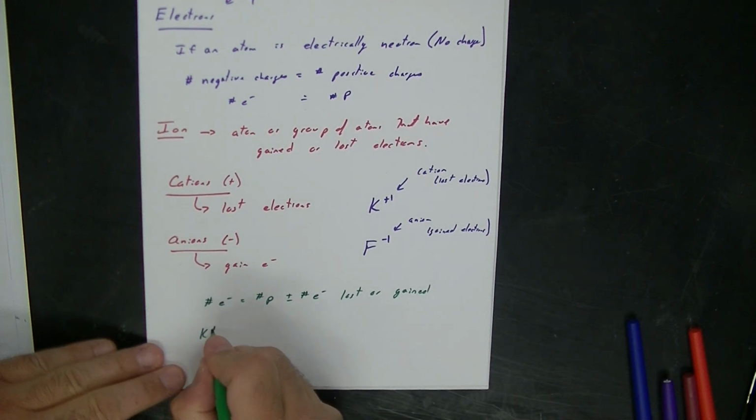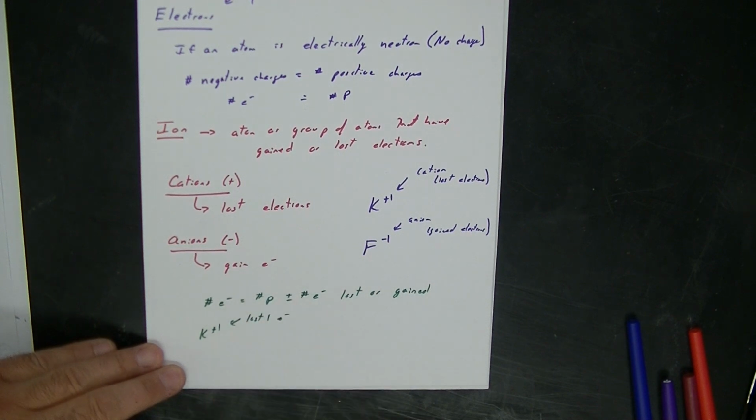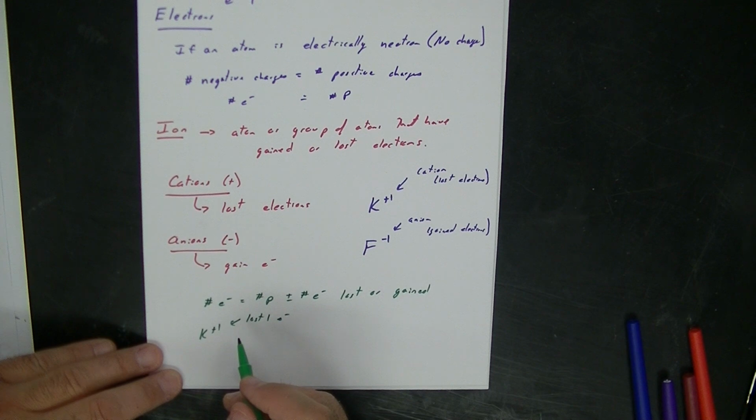So if we look at K+1, this is telling me that it's lost one electron. Normally potassium has 19 electrons. It's lost one, so it would have 18 electrons.